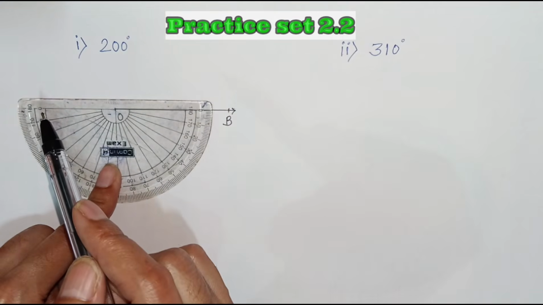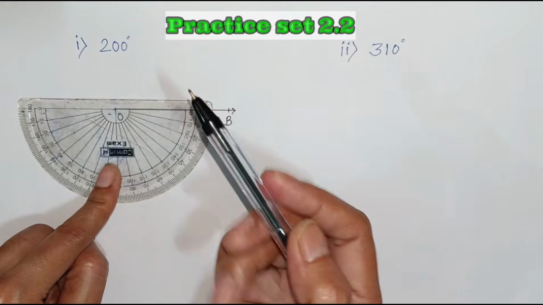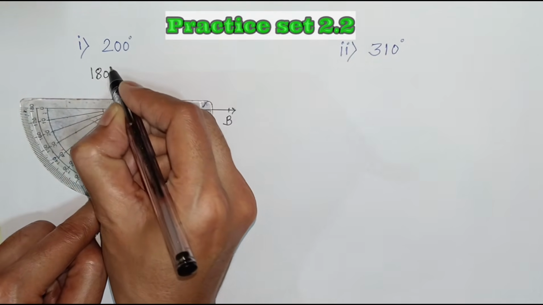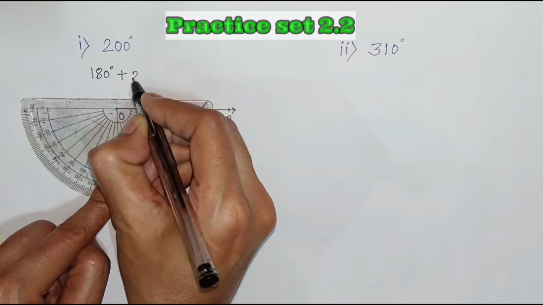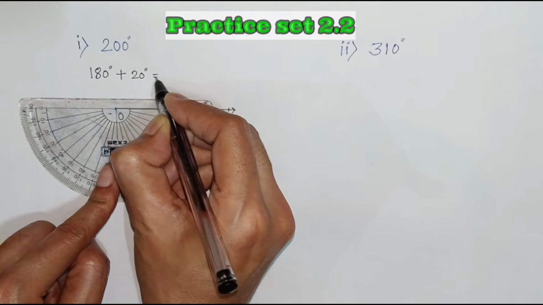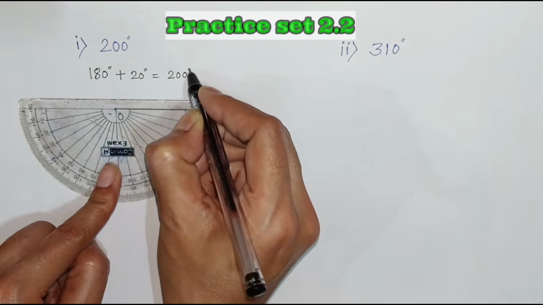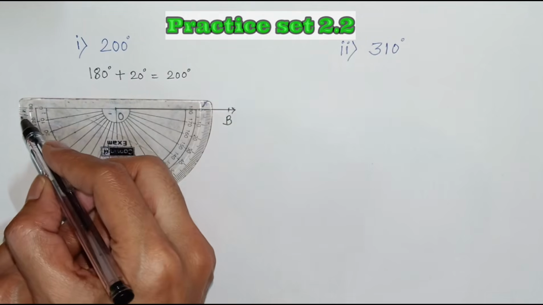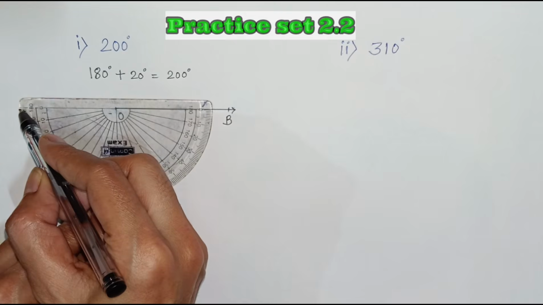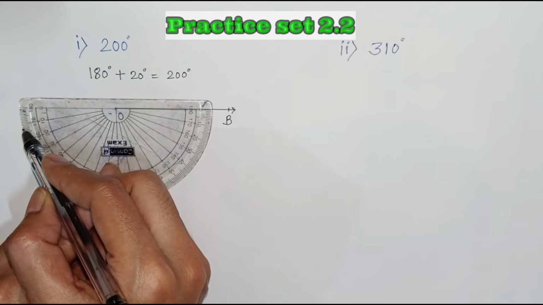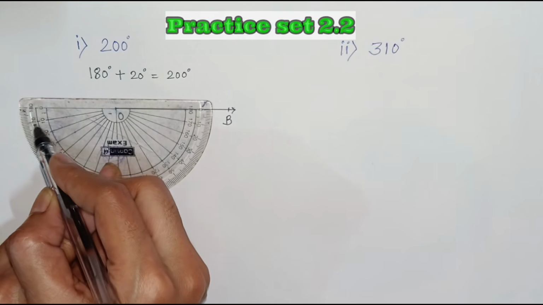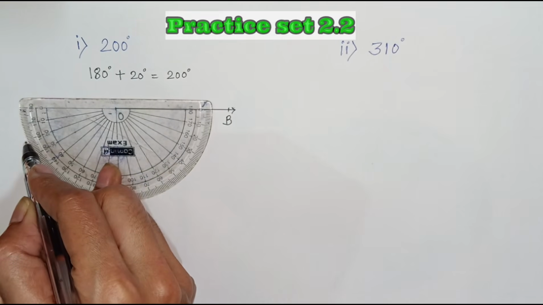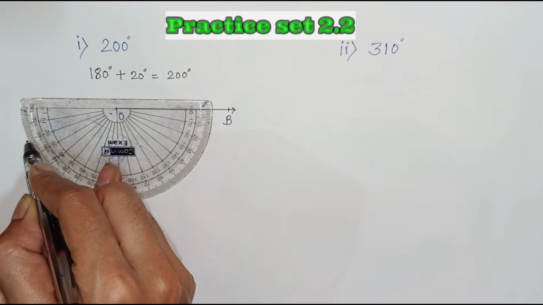Reflex angle is equal to what? 180 plus additional angle. So here 180 degrees plus 20 degrees is equal to 200 degrees. That means our additional angle is 20 degrees. So this is 180. After 180 we will have to count 20 more. See, this is 10 degrees and this is 20. So I will mark on 20.